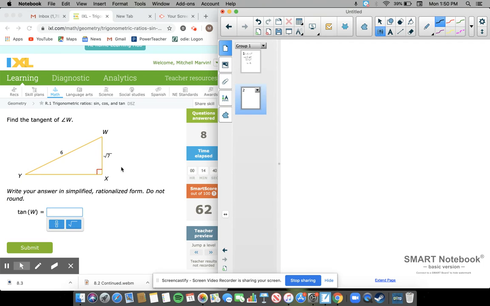So here tangent of W would be opposite over adjacent. I don't have opposite, so I'm going to do square root of 7 squared, which I'm going to skip a step and know that that's going to cancel and just be 7, plus b squared equals c squared, which is 36. Subtract the 7, I get b squared equals 29.